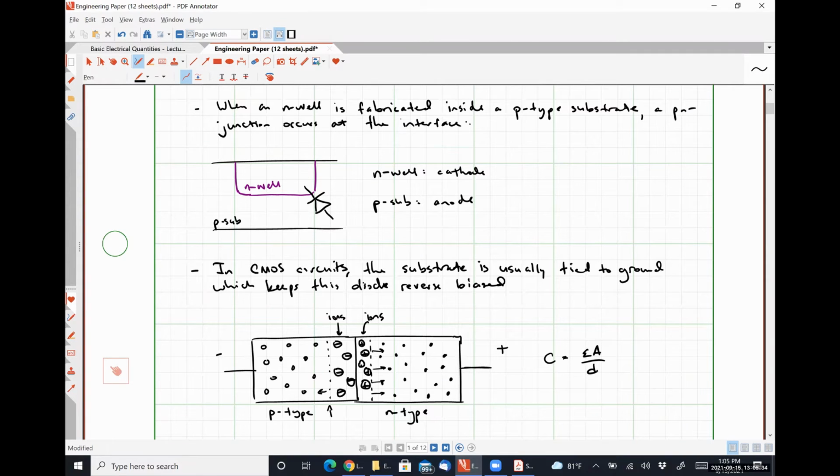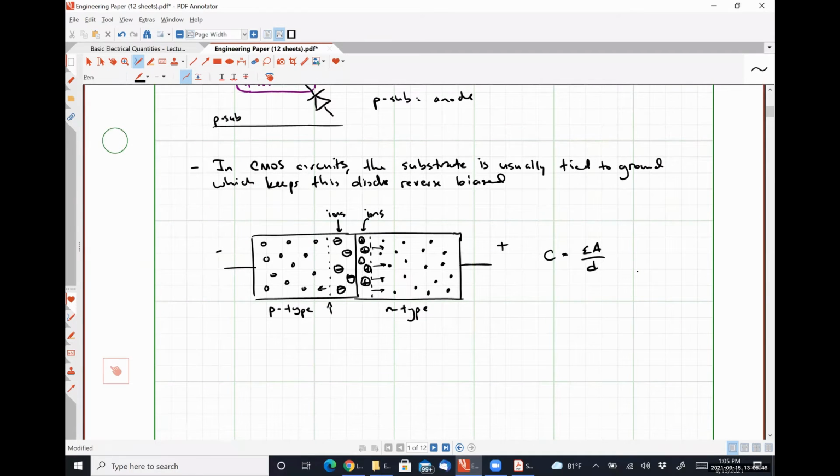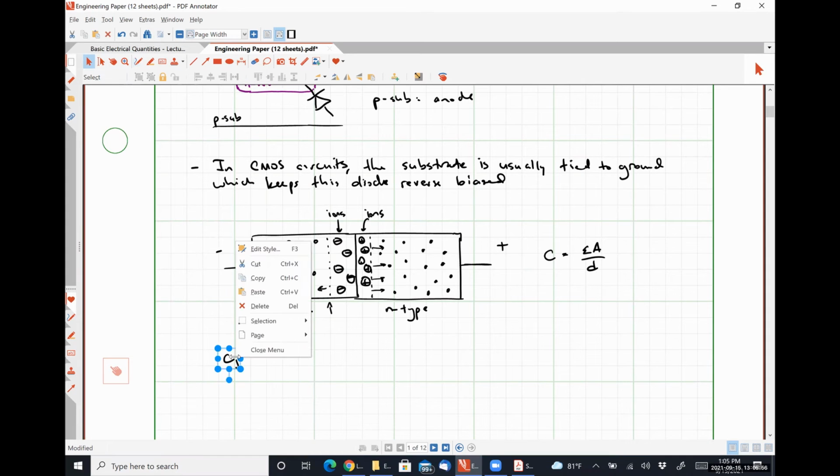So we should see that as the reverse bias voltage gets larger and larger, our capacitor value changes, and it's typically going to get smaller. So we can say that our N-well behaves like a capacitance, a simple junction capacitance.